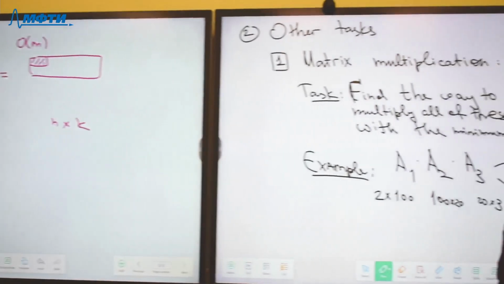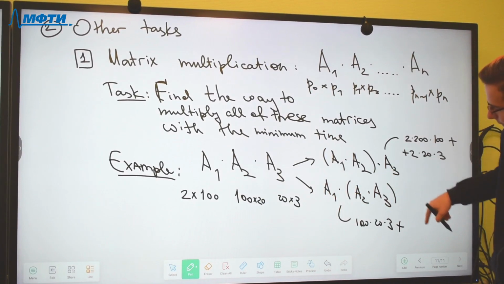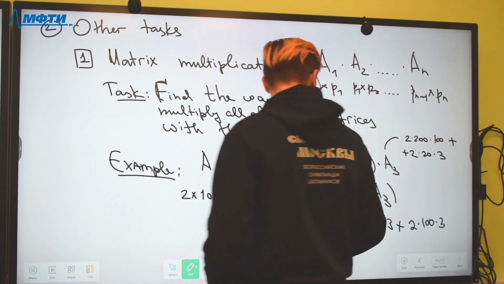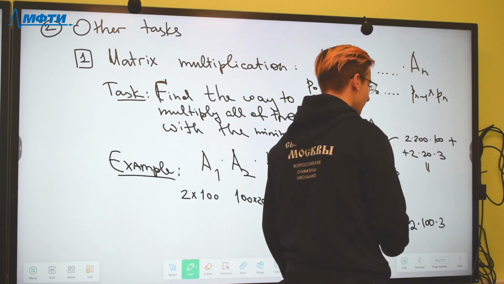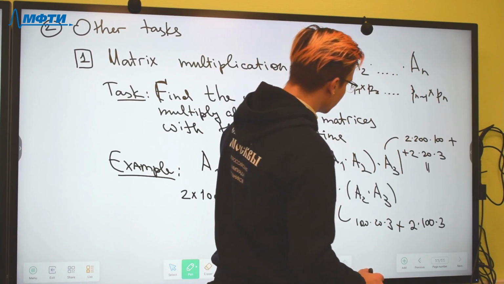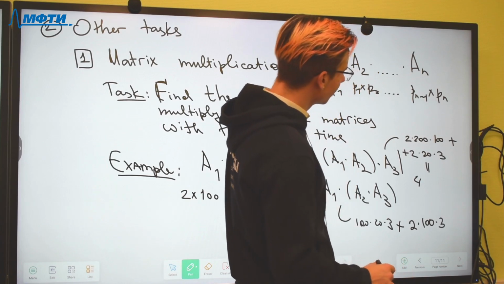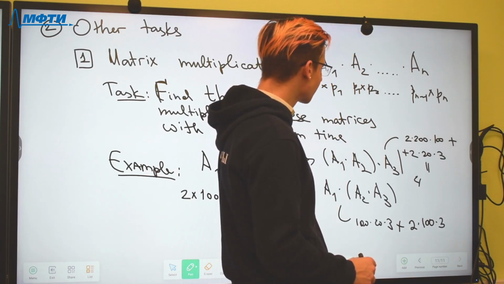And then, when I multiply A1 and the answer for the first multiplication, I spend... so we can compare these numbers, and we see that here we spend 40,000.